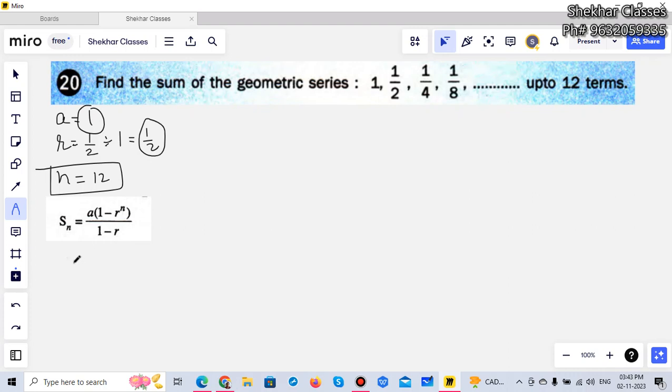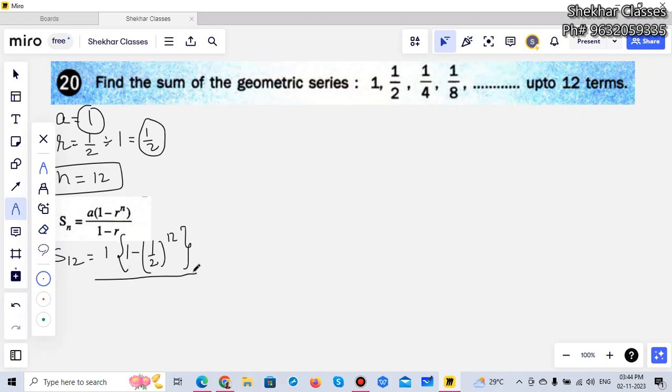Now putting the values here, S12 is equal to 1 into 1 minus half the whole power 12 upon 1 minus 1 upon 2. It's going to be a big number coming up here. You have to be very careful about calculating the powers.